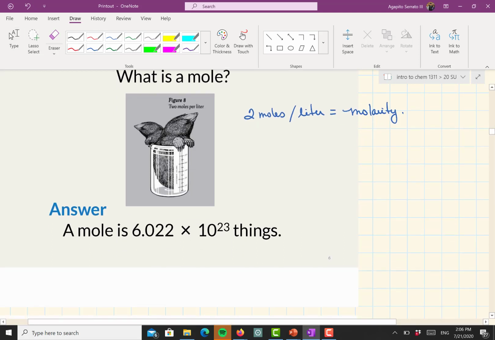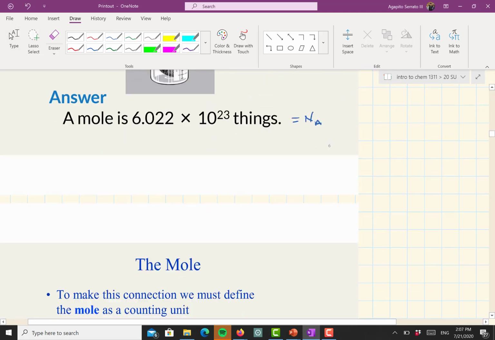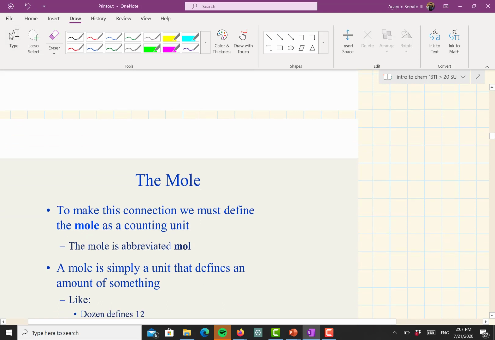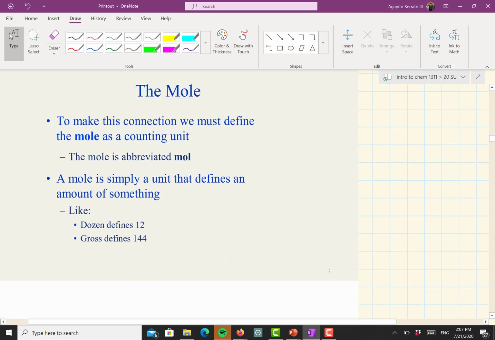Alright. So remember, like I said, a mole can just be 6.022 times 10 to the 23rd things, and we can write that also as N_A, so Avogadro's number. So the mole helps us make a connection that we can define as a counting unit.